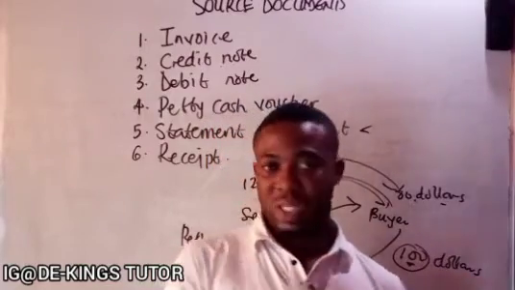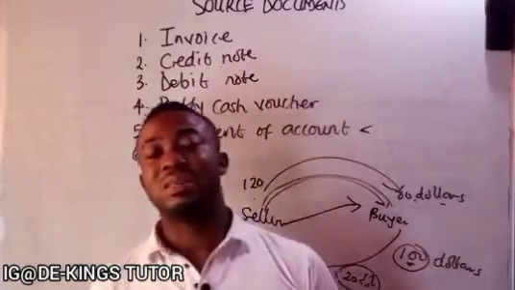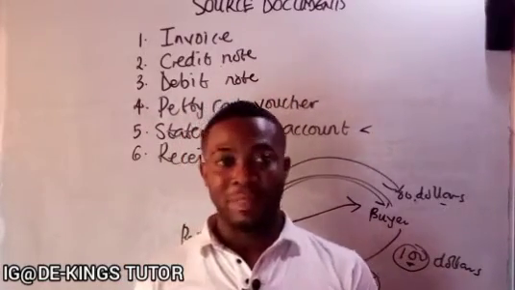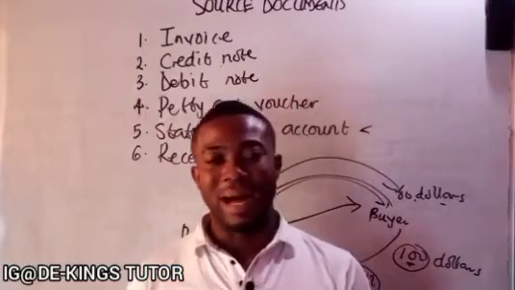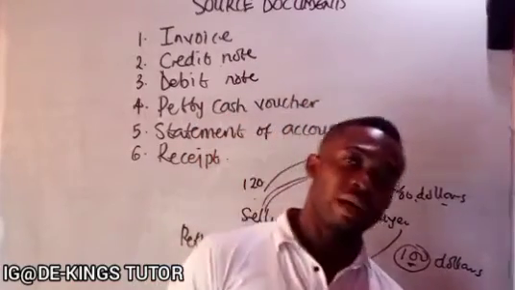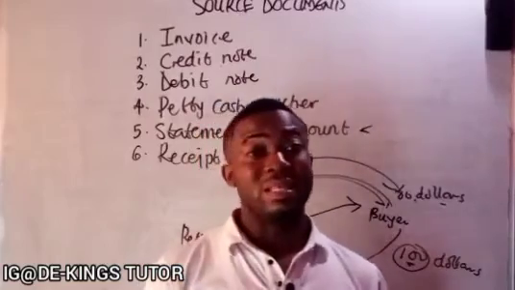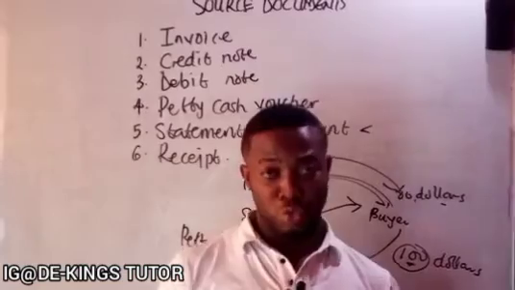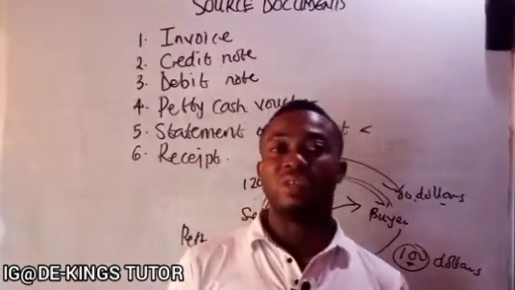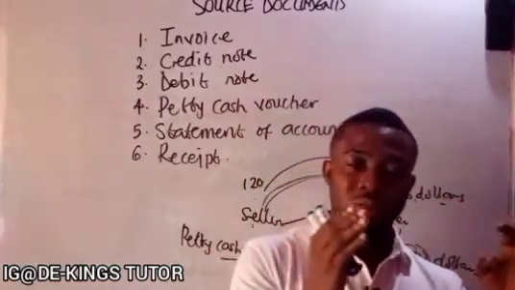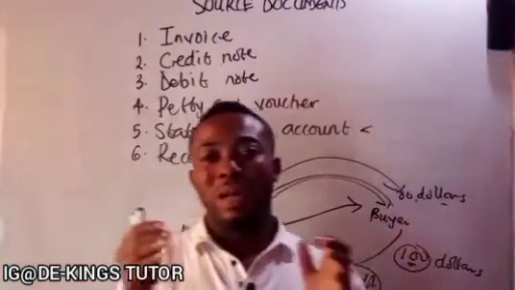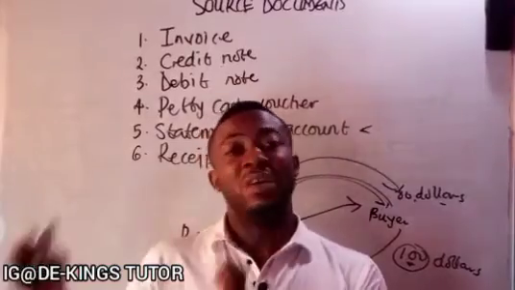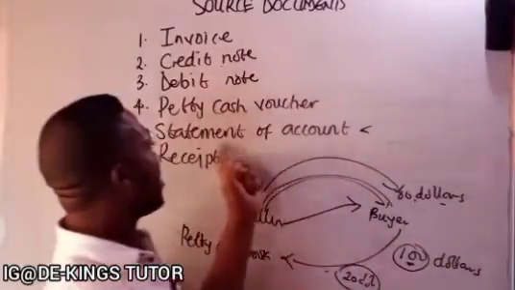Also, it can be a document sent by the bank to its customer, stating the business transactions between the bank and its customer, and the balance due. So the statement of account will show what has entered the account, what has left the account, and the balance due as at a particular period of time.